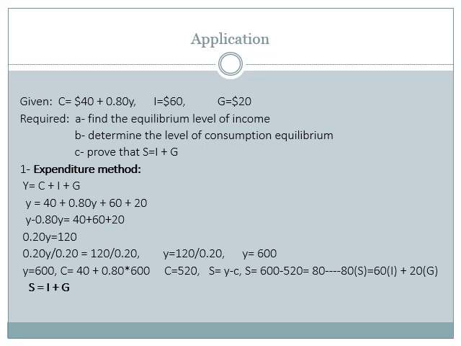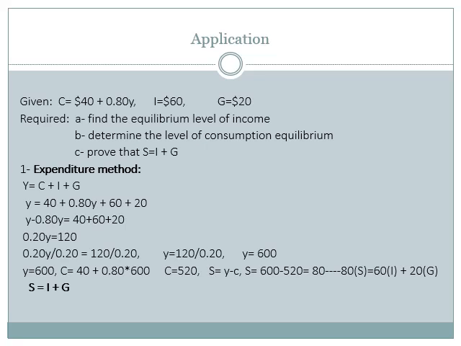Now let's use the expenditure method first. Y equals C plus I plus G. We are just going to substitute the givens. Y equals 40 plus 0.80y plus 60 plus 20.